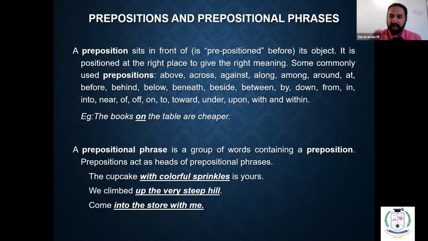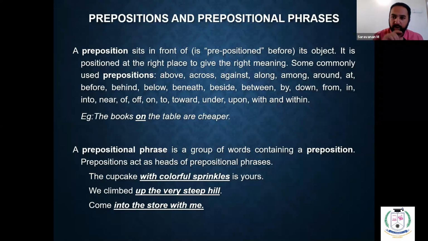What is that? On. The book is on the table. So here the book is the subject or the noun, is is the verb, and the table is also a noun, but that's the object. How are all these three connected? All these three are connected with the word, the preposition.